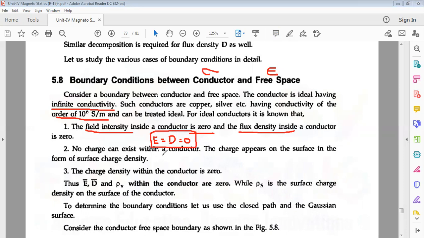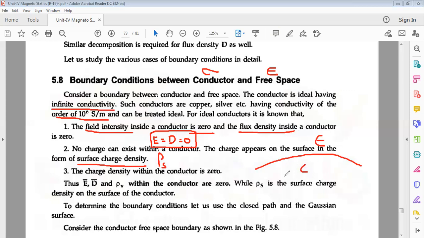No charge can exist within a conductor. The charge appears on the surface, in the form of surface charge density, nothing but rho s. There is no charge within the conductor, but there is a charge on the surface. Suppose I am taking the boundary like this, here the dielectric epsilon, and here the conductor.